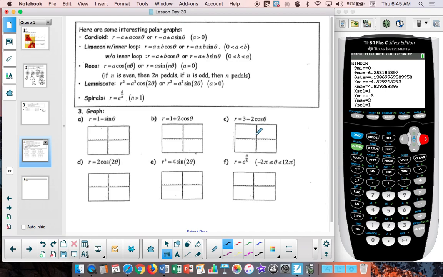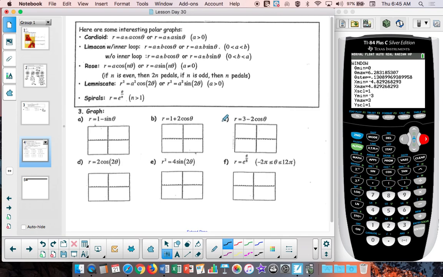Limesons, I always say these wrong, so if I butcher it and you actually know the way to pronounce it, sorry. But limesons, they're cardioids, but with a loop. So that loop can be either inside or outside of the shape. They kind of look like cardioids, but not exactly.